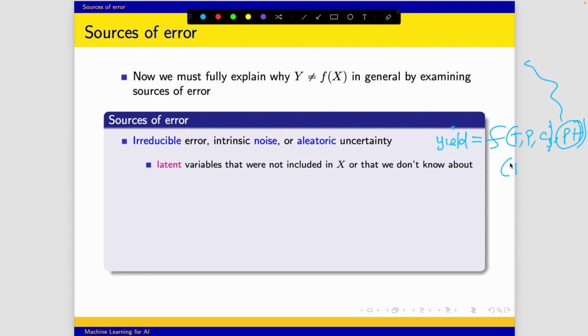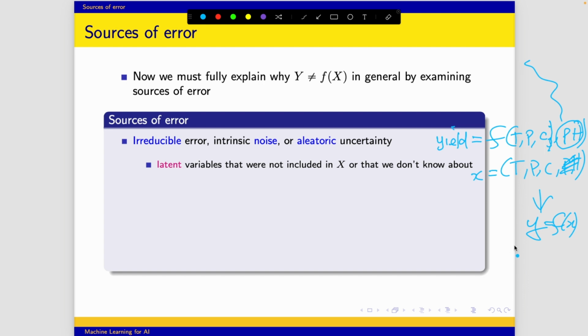Together, these four might constitute a map to the outcome, the yield y. So there might be some function, if we define this as x, that's equal to f of x. But the problem is we didn't include this.